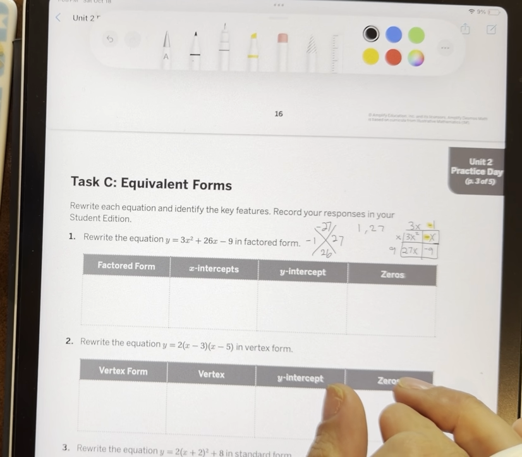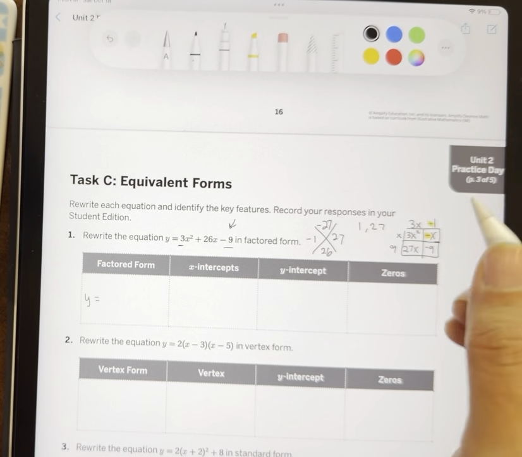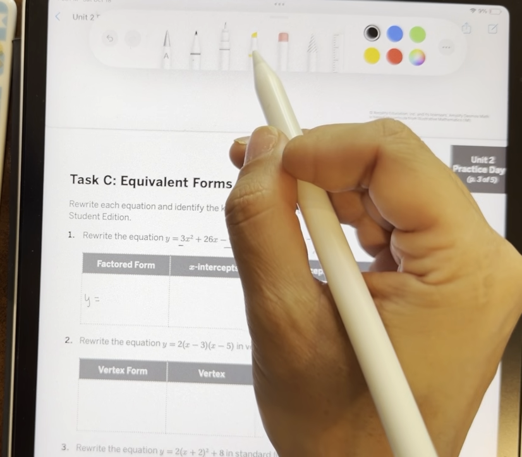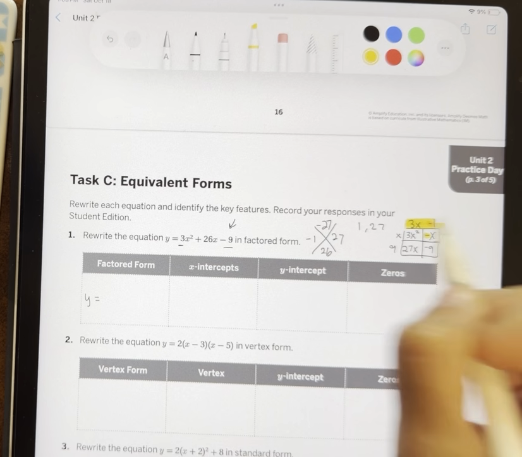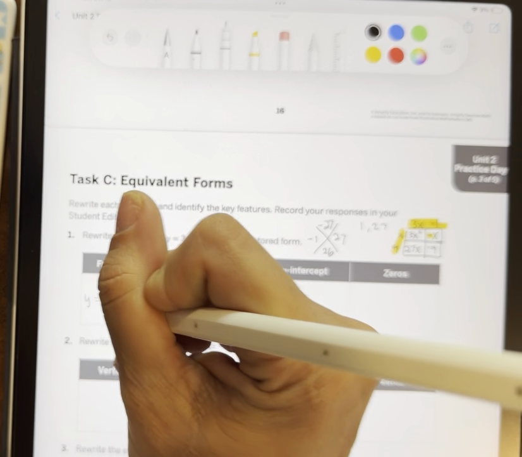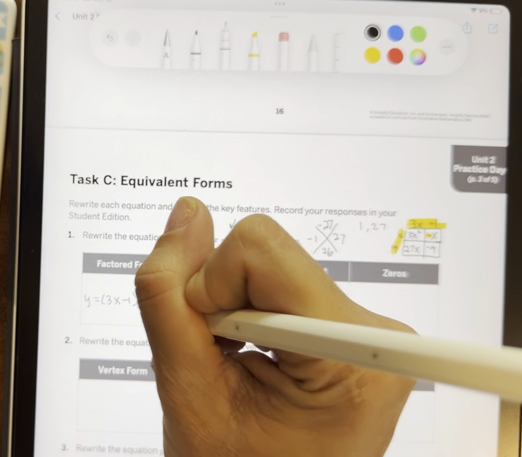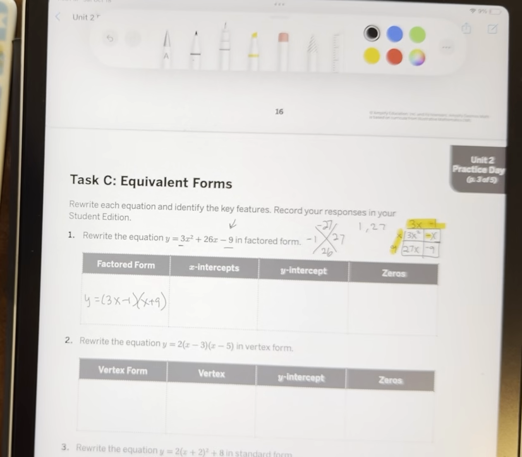Which means this guy in factored form is y equals this and this. 3x minus 1 and x plus 9. Boom, done.